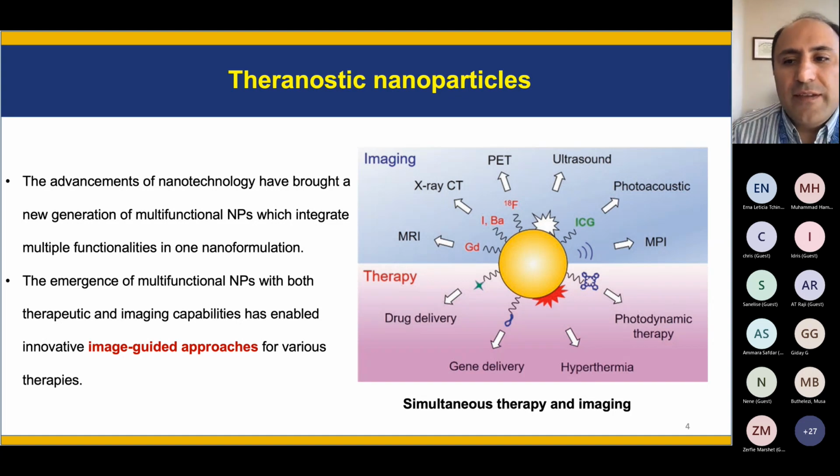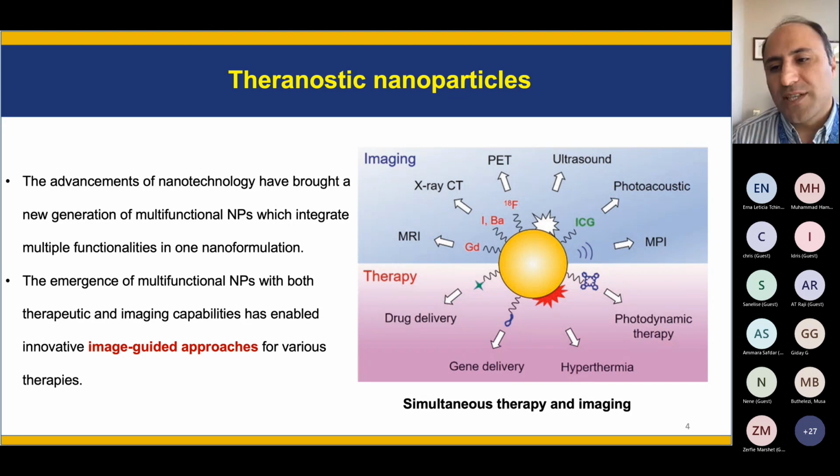With this imaging method, we can guide the therapy of cancer, and we can also combine the therapy with imaging, so that with the guidance of imaging, we can do drug delivery or gene delivery, or we can do hyperthermia, and through thermal ablation or thermal destruction, we can kill the cancer cells.